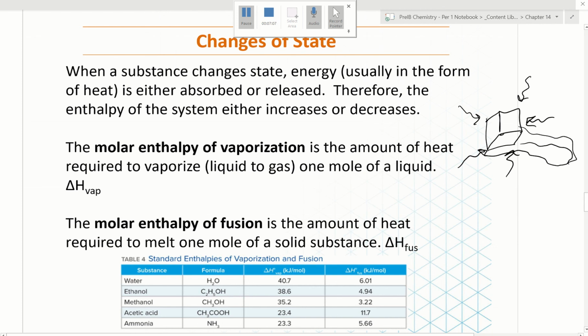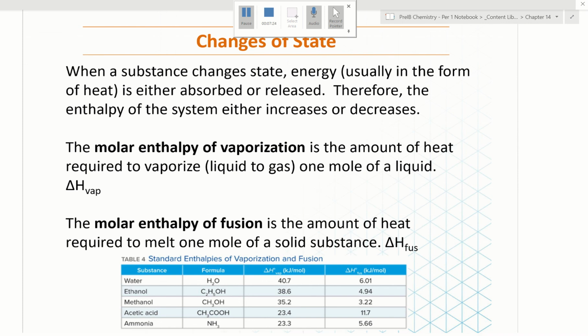And so this idea of a block of ice absorbing heat causes it to change state. If I have liquid water and it is to cool down and it releases heat, well, then it's going to freeze.